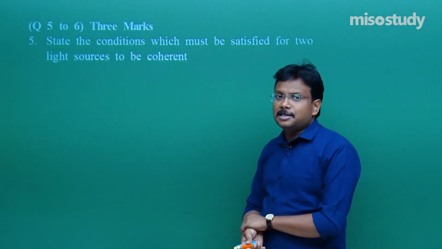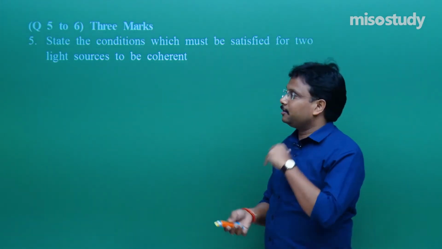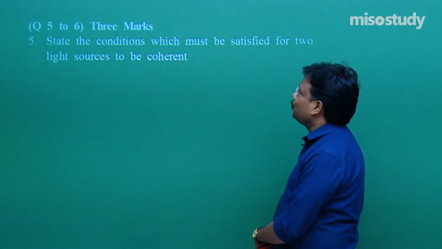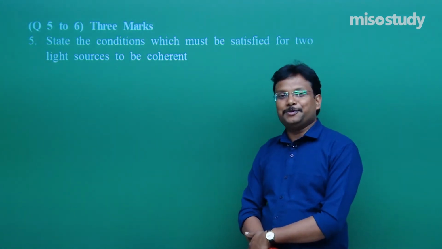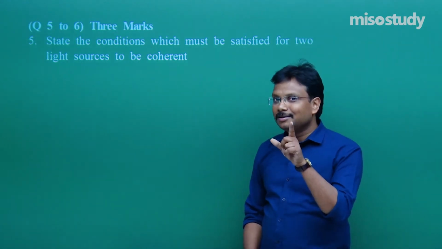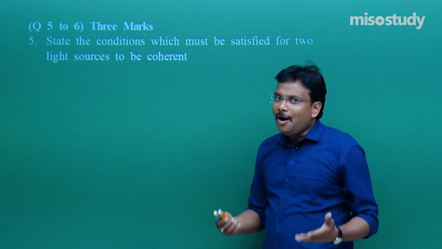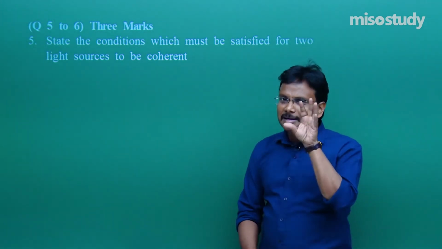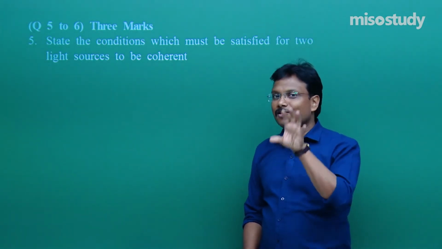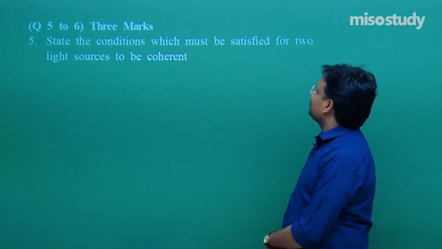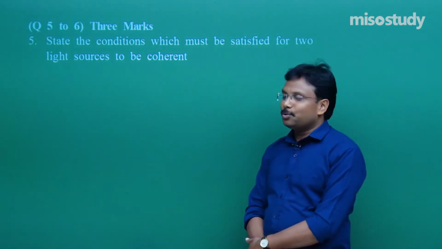So, let us start how to interpret this. State the conditions which must be satisfied for two light sources to be coherent. So, now in continuation I am trying to put properly this concept in your mind. What are the conditions which must be satisfied for two light sources to be coherent?